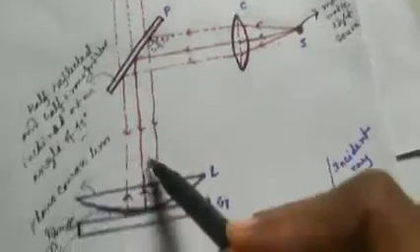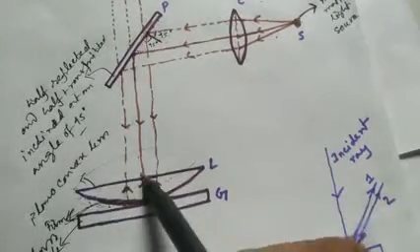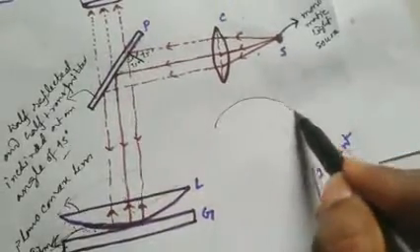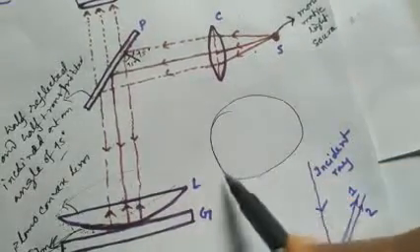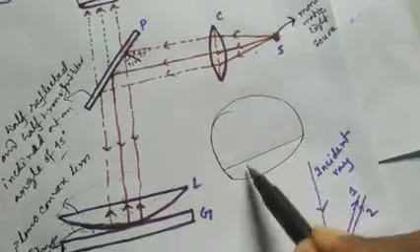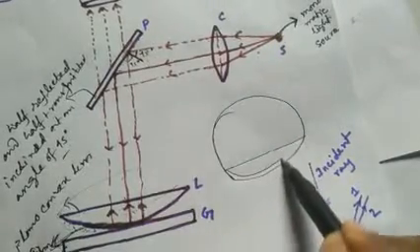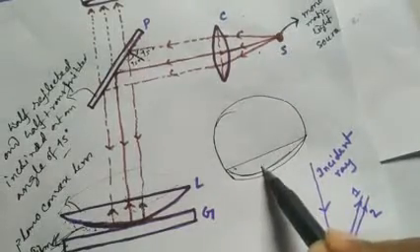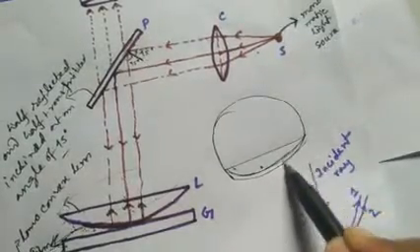Now the rays are incident on the plano-convex lens, which has a large radius of curvature. Why is the radius of curvature large?